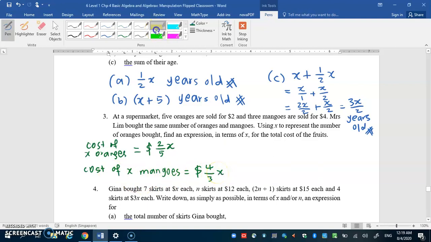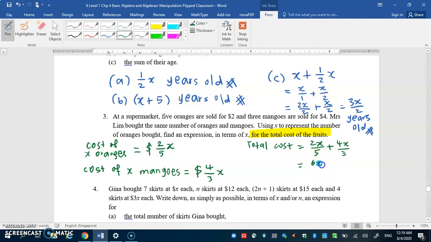Now, the question says we need to find the total cost of the fruits. Okay, so we're going to add these two fractions. We will get total cost equals 2 over 5 times x. Now usually I'll just put the x in the numerator so it's easier to see. 2x over 5, right? Plus 4x over 3. LCM of 5 and 3 will be 15.